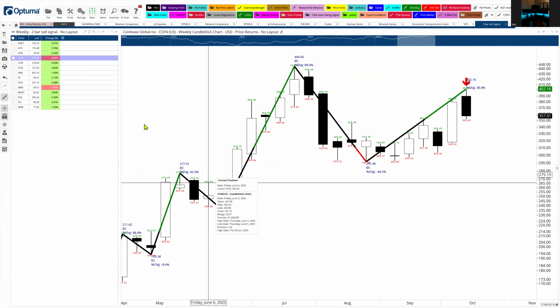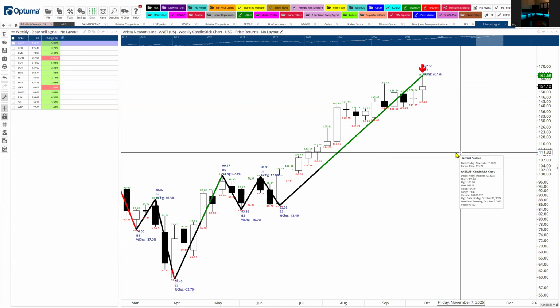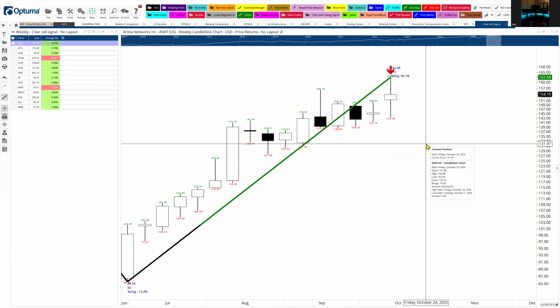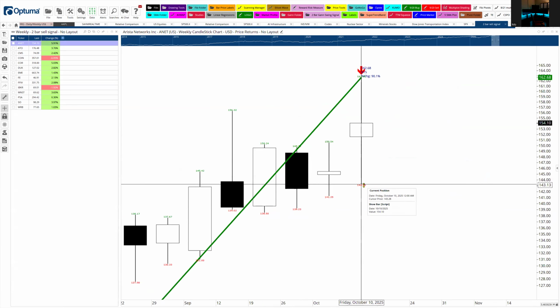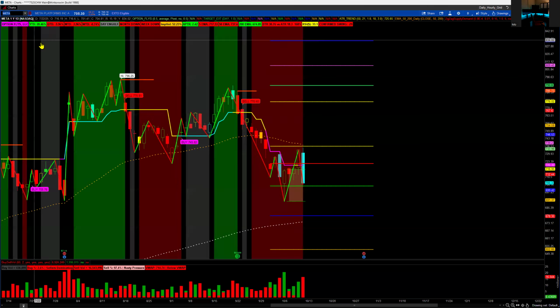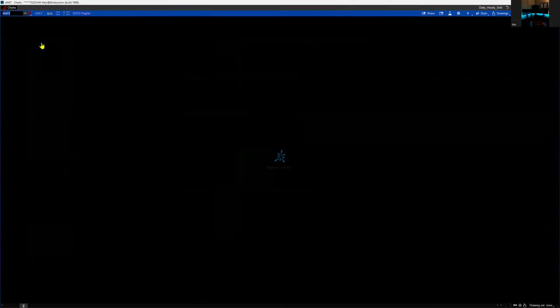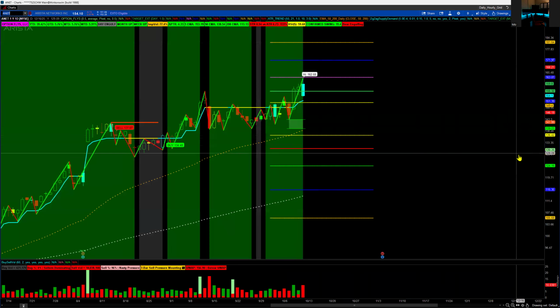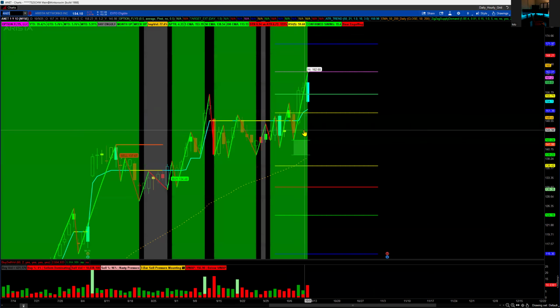I don't even know any of these names. Arista, I might. Let's get some puts on this one. Attack the 143. What is the ticker on this? Yeah, no sell signal here.